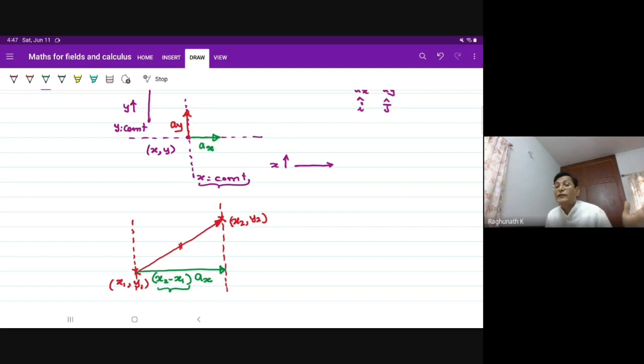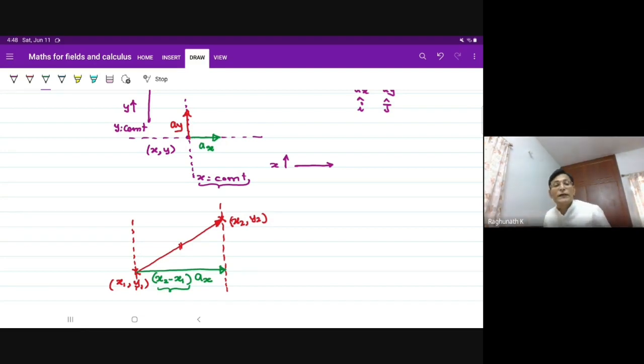Ax is the unit vector to the right. Ay is the unit vector to the left. Any vector is its unit vector multiplied by its magnitude. If x2 minus x1 is positive, it is x2 minus x1 times ax. If x2 minus x1 is negative, what do I have to do?